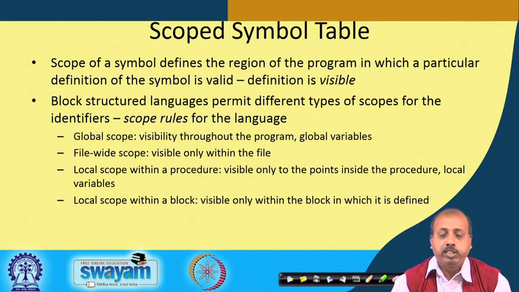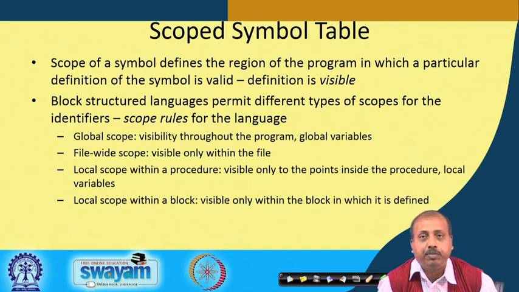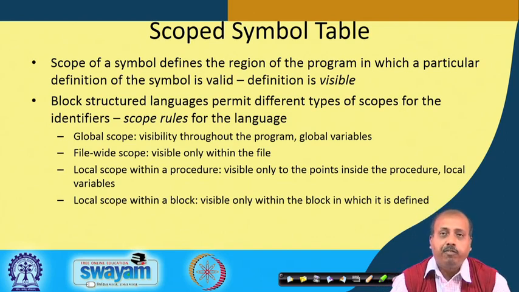We have procedures and functions that are independent of each other, and whatever variables are defined within a procedure or function are visible only within that procedure or function, not outside. Similarly, there are some identifiers or variables which are global in nature, so that they are visible to the entire program. This way we can have different types of visibilities of identifiers in the program.